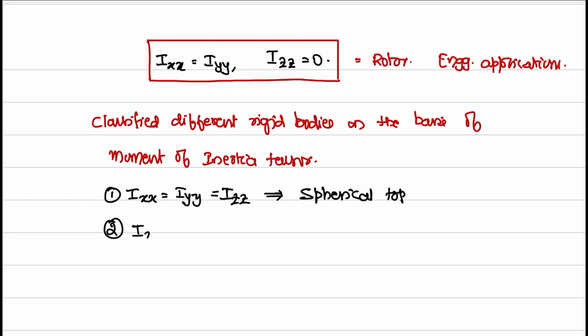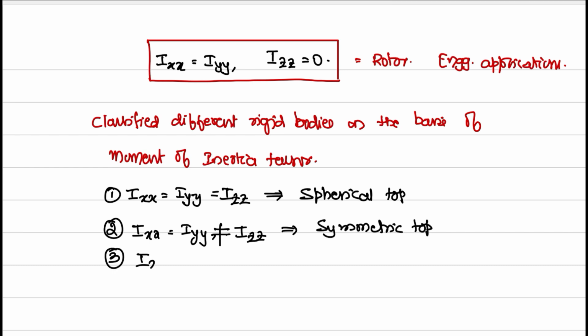Next, Ixx is equal to Iyy but not equal to Izz implies symmetric top. Third, Ixx is not equal to Iyy is not equal to Izz implies asymmetric top.